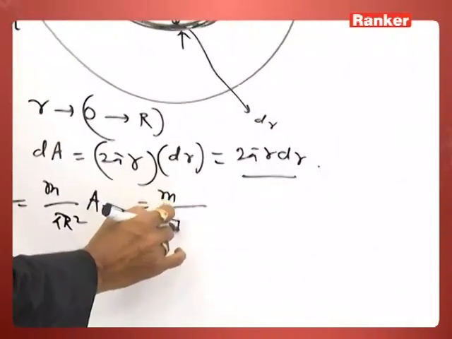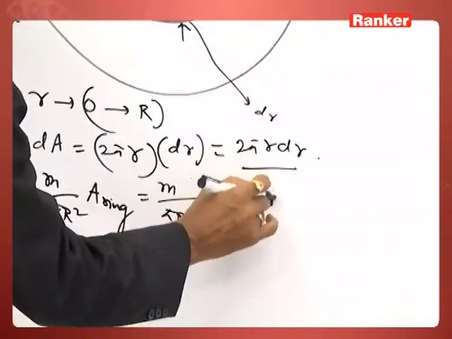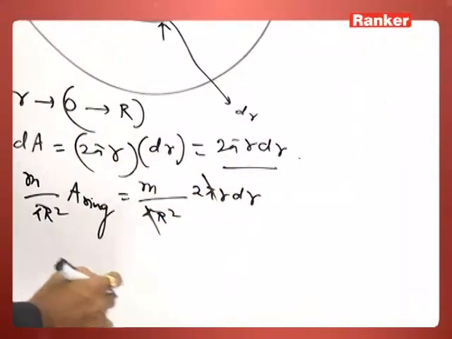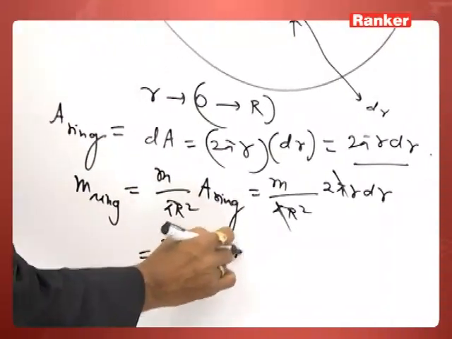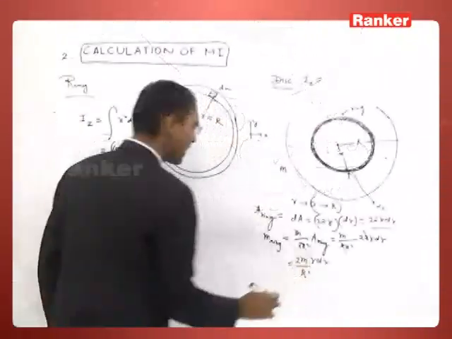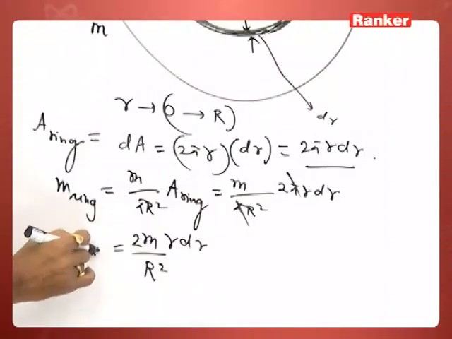That will give us M by pi R square into 2 pi r dr. Pi getting cancelled, so you are getting 2M r dr by the square of the radius of the disk. This is the mass of the ring.